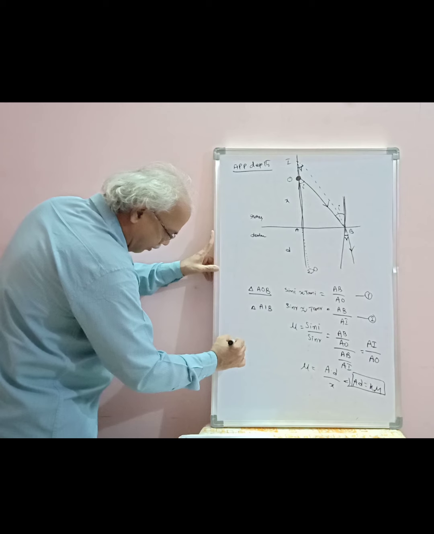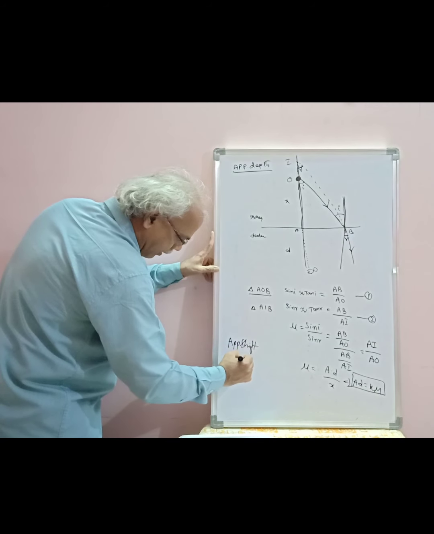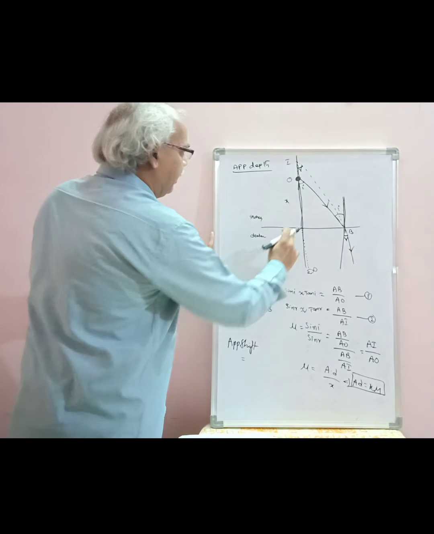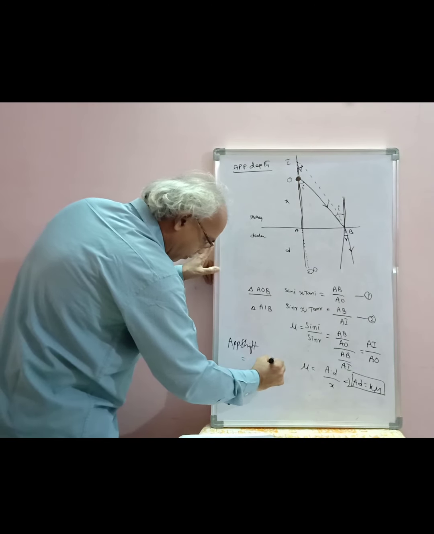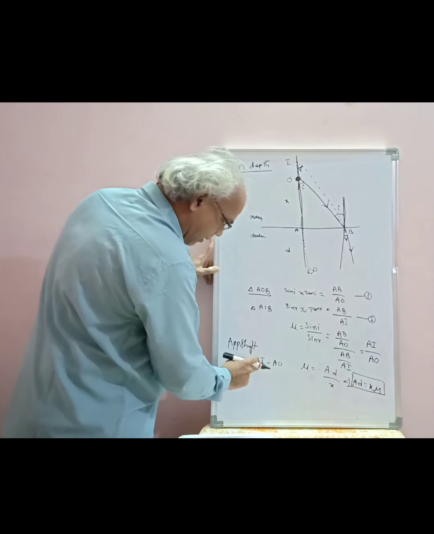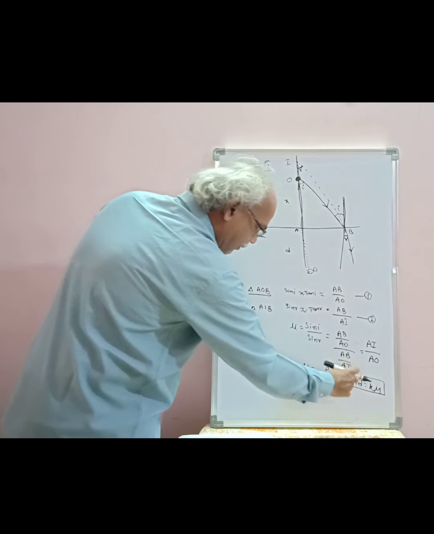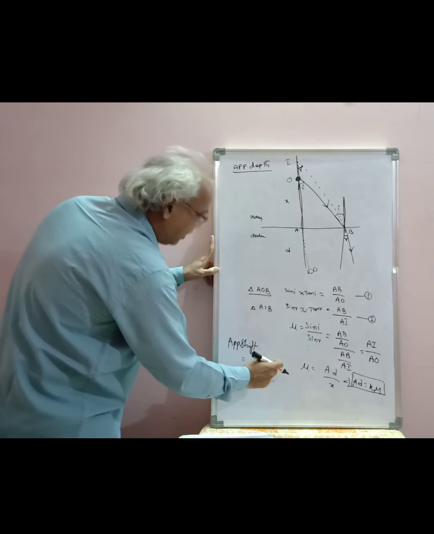Apparent shift is equal to AI minus AO. What is apparent depth or AI value? X into mu, minus what is AO?